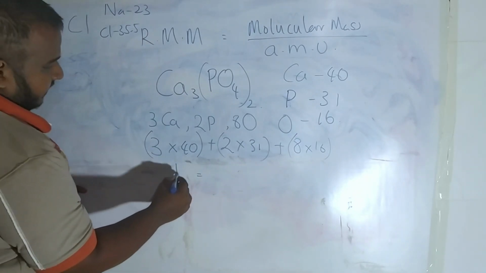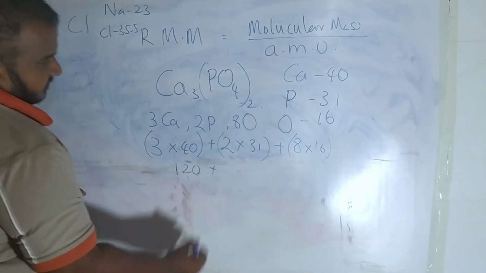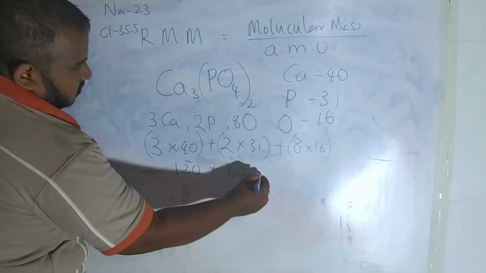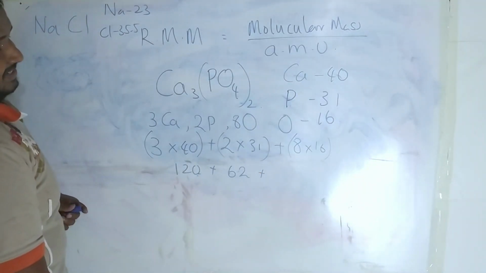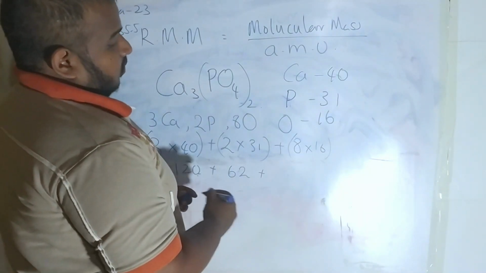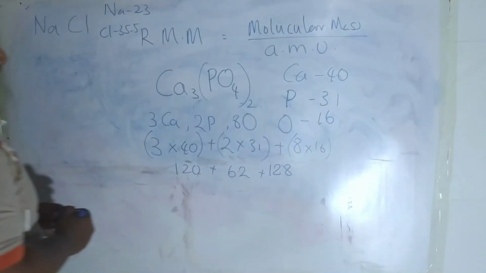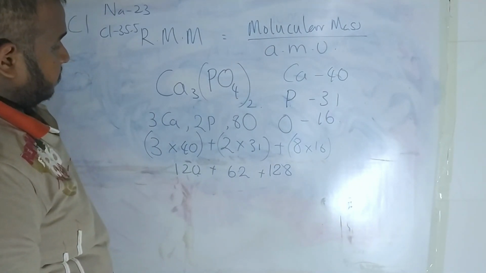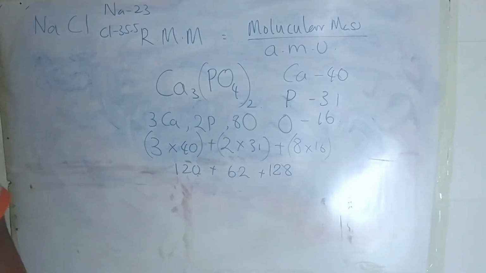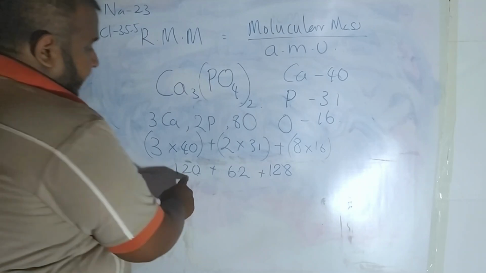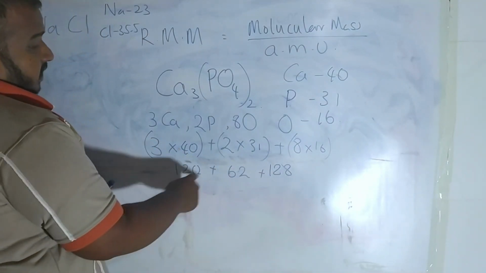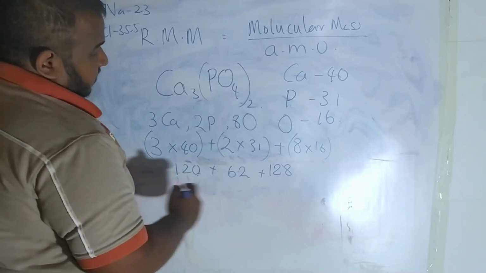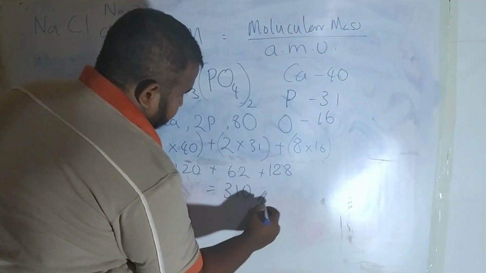So here it is 120 plus 62 plus 8 into 16, it is 128. So 120 plus 62 plus 128: 120 plus 128 is 248, and 248 plus 62, the answer will be 310.